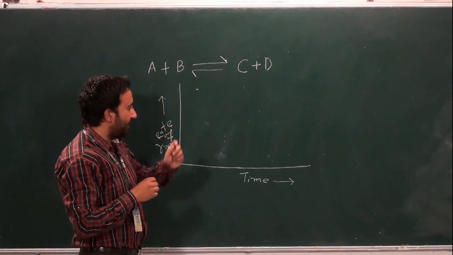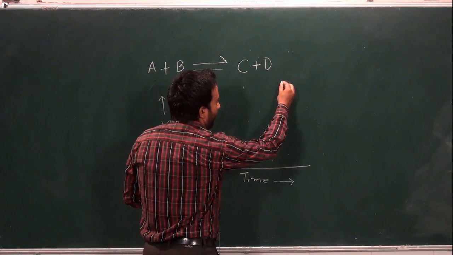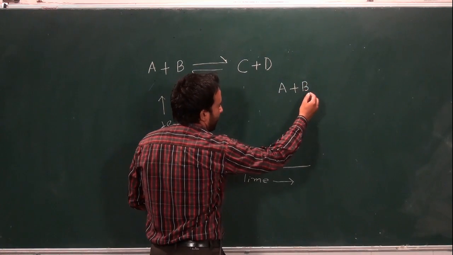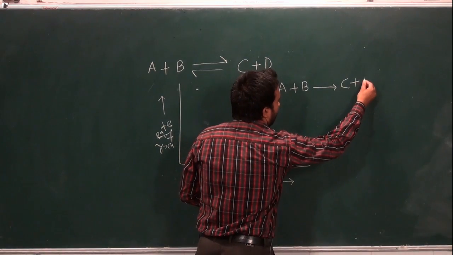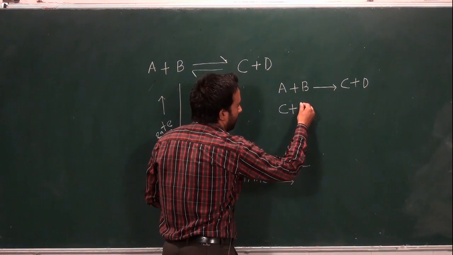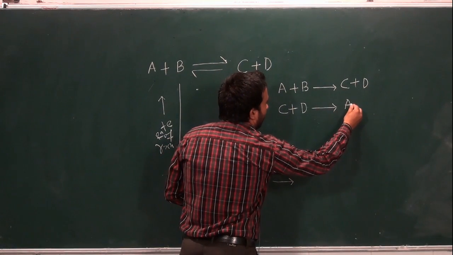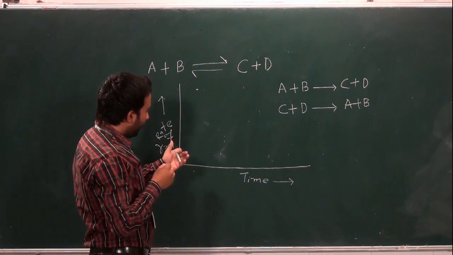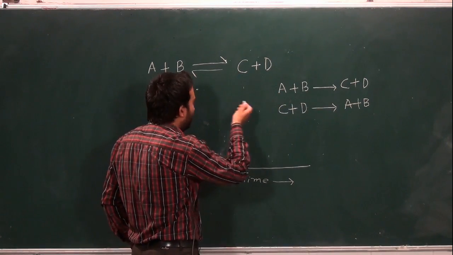We can discuss this reaction in terms of two reactions. A plus B is reacting and forming C and D. This is one. Second, C and D are reacting to form A and B. In the beginning, we have the maximum concentrations of A and B, so the rate of reaction will be maximum.